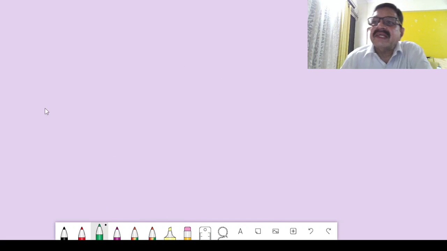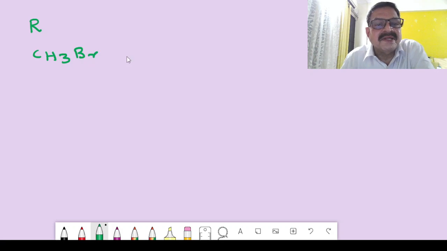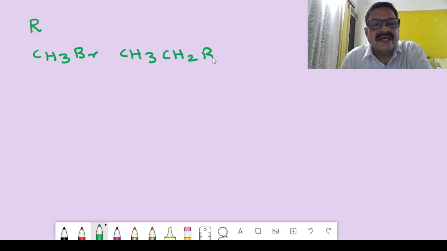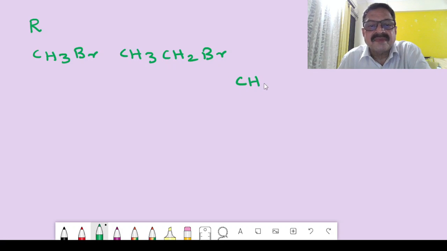Now, the identity of the R group: we have R, say methyl bromide or bromomethane, CH3Br. Then we can have CH3CH2Br. Then we can have (CH3)2CHBr. Like this, we can have different compounds.